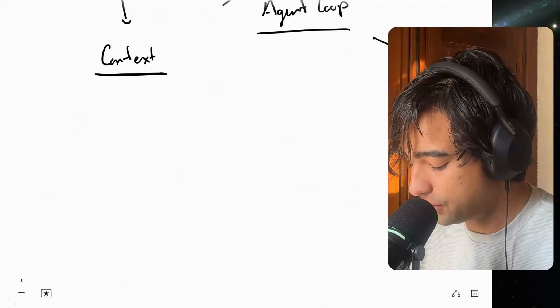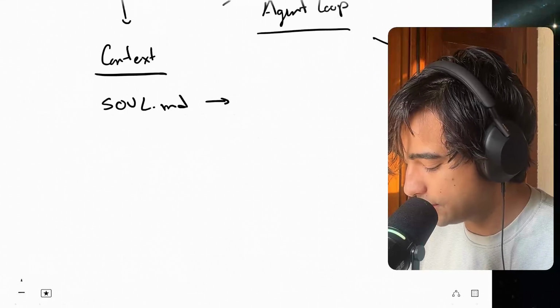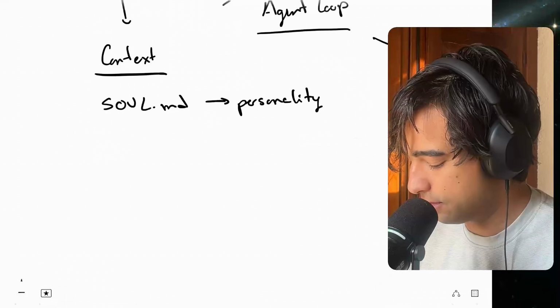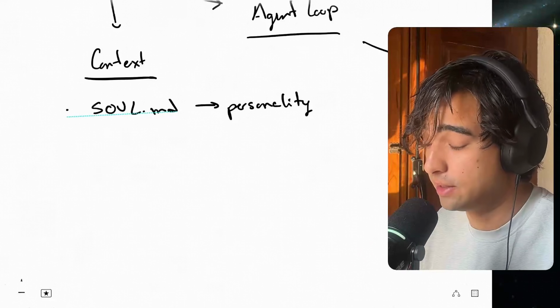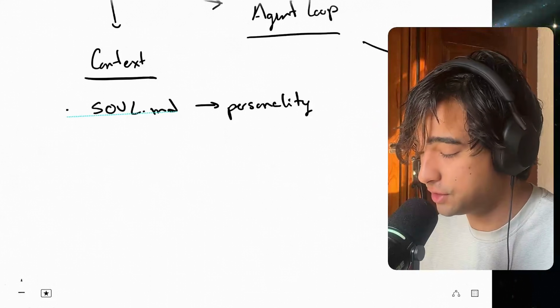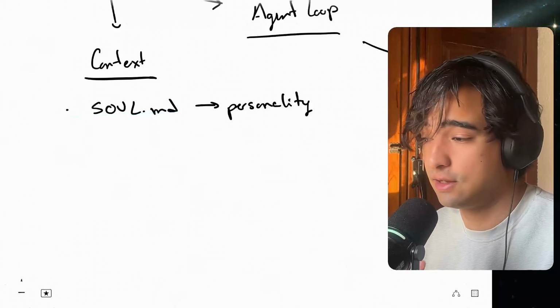So first of all, you have your soul.md file. And this one right here is going to be the personality, okay? The personality of your agent. In other words, right here, you're going to write what kind of tone you want the agent to use, what inspires it, what are its goals, what it needs to do.